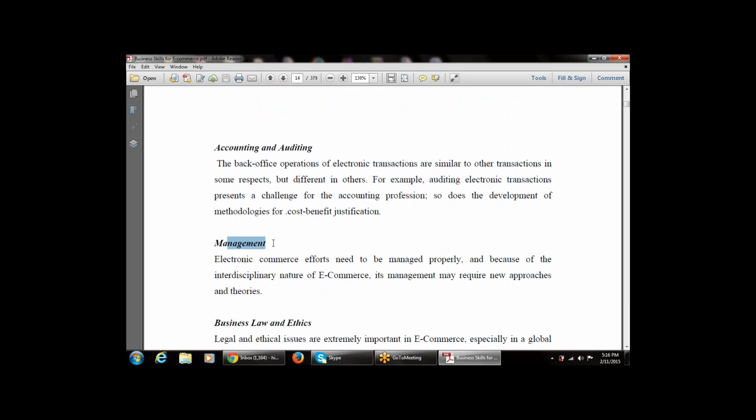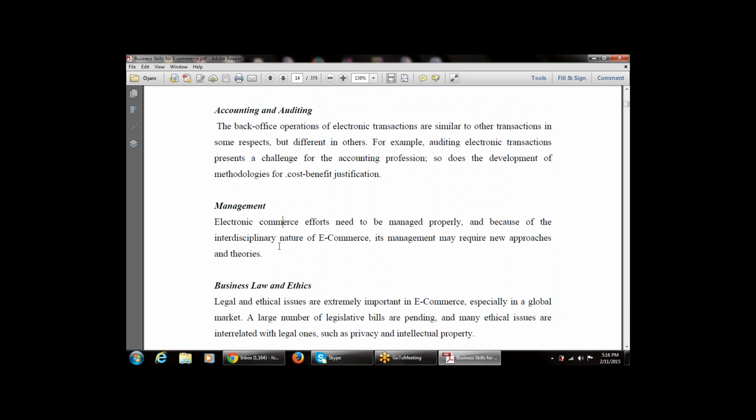In the same way, there is management, that is, the usage of e-commerce in management also. This says e-commerce efforts need to be managed properly. That is, whenever we use e-commerce, its efforts need to be managed properly, in a regular manner.